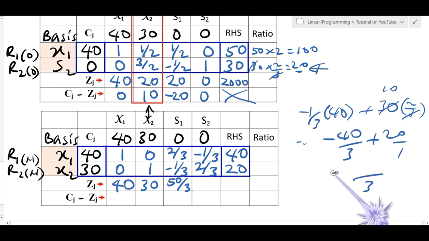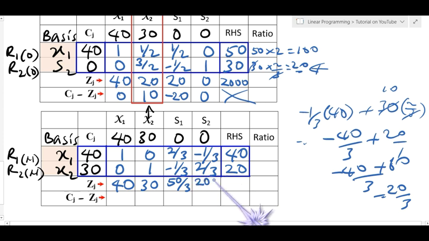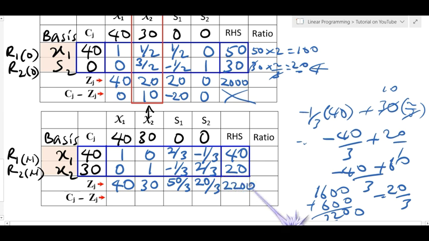LCM 3, that will be minus 40 plus 3 times 20, 60, which gives us 20 over 3. Now the next one, 40 times 40 is 1600 plus 30 times 20 should give you 600. Add together, that's 2200. So here it's going to be 2200.